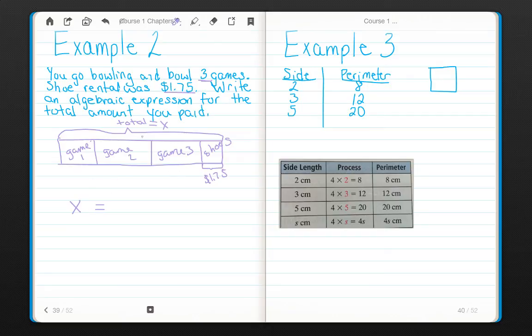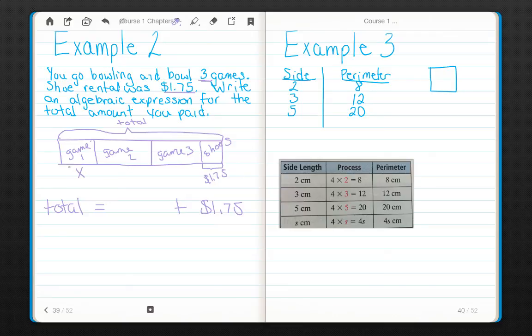So I'm actually going to change my variable. I'm going to move it. This is just going to equal my total. My total is going to equal the cost of my 3 games plus $1.75. I don't know how much I paid for each game, do I? I'm not sure what I paid, so I'm going to call that my x.